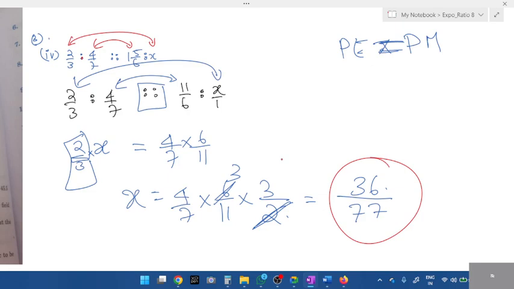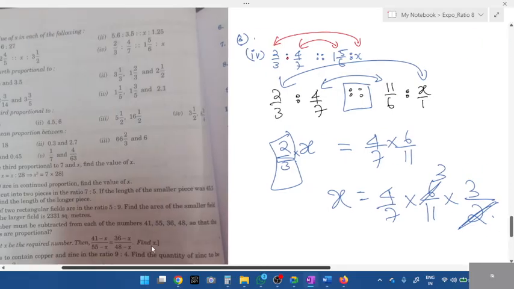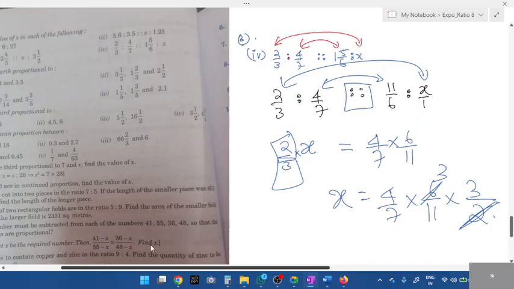The answer is 1 4 by 7. Let me check the question. 2 by 3, 4 by 7, 1 5 by 6. 6 ones are 6, 11 by 6, and we have x. 4 by 7 into 11 by 6. Okay, I made a mistake.